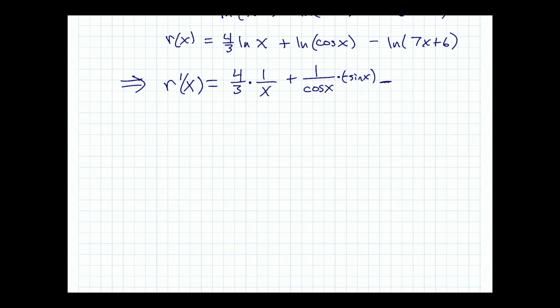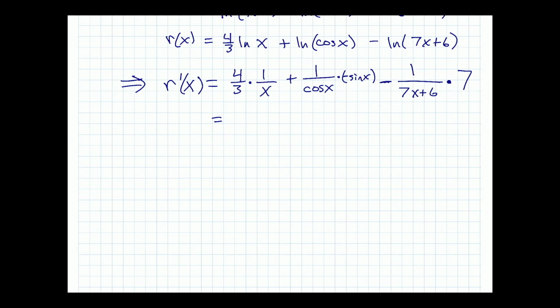Then on the last one, we've got the natural log of 7x plus 6. Well, how do we do that? Well, it's going to be 1 over 7x plus 6 times the derivative of what's inside. So what's the derivative of 7x plus 6? Just 7. So you write it that way, and then now you just need to kind of make it a little prettier.